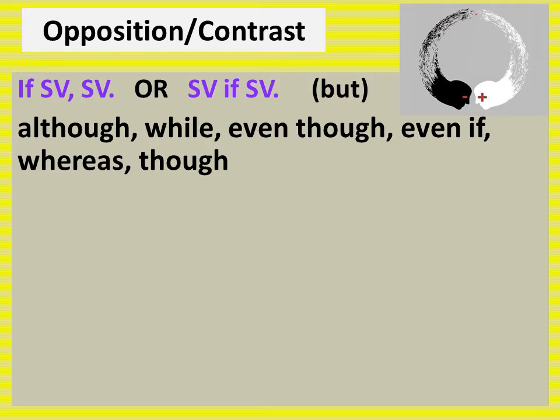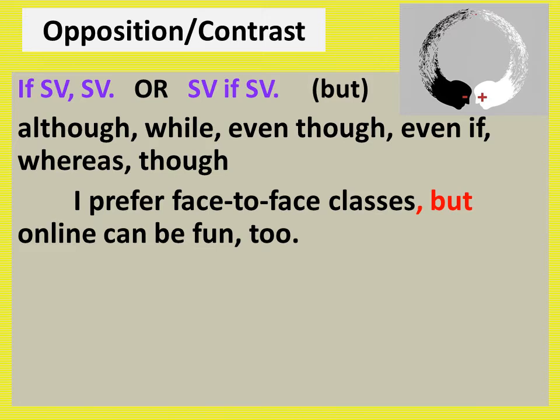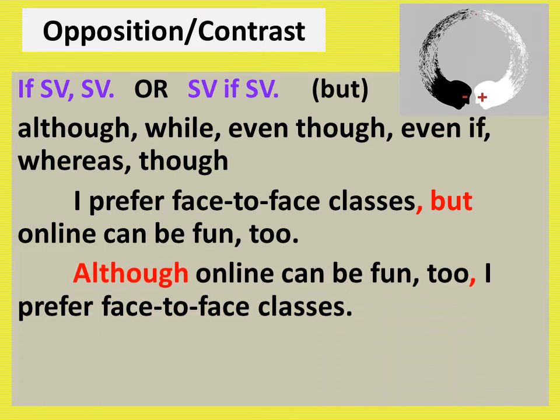So let's look at our simple sentence, or actually our compound sentence. I prefer face-to-face classes, comma, but online can be fun too. I can just substitute the word but with the word although. Although online can be fun too, I prefer face-to-face classes.